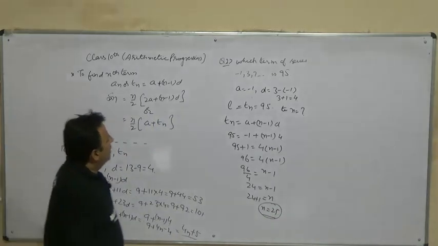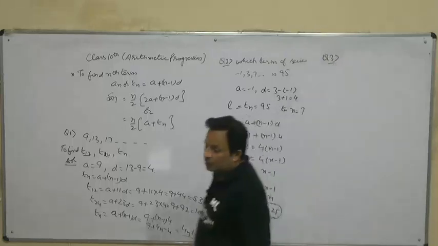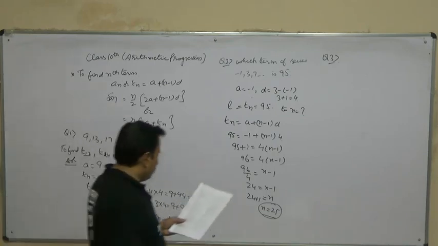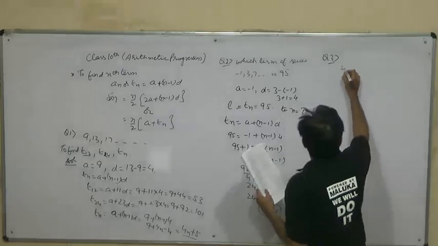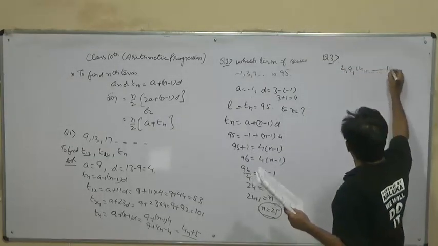Okay. Then in the third question we have, which term of the series, same question. We have to find the value of n. Series is 4, 9, 14 and so on, and this is 124.